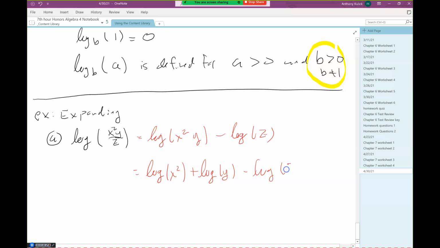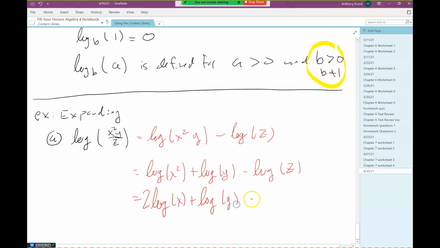And then nothing on that last logarithm, right? It's just going to stay the same. Everybody okay with that? And the last thing I'll do is look for power properties. Do we see any power properties? Sure, in the first logarithm. So the power property just says to move the exponent to a coefficient.